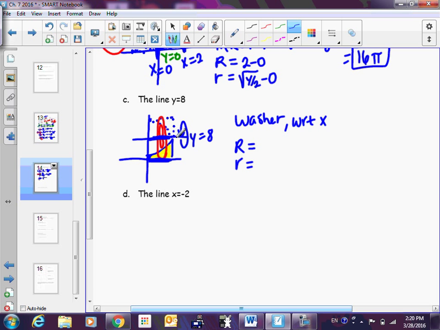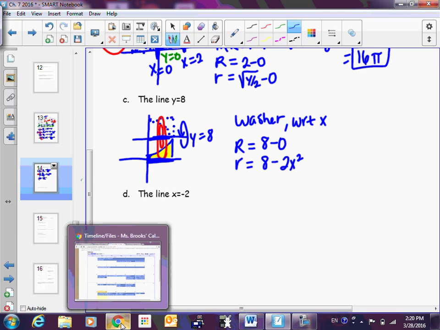See how the line of rotation this time is above? We're going to go 8 minus 0. If you wrote this as 0 minus 8, it would be okay because you're going to square it. And then little r should also have 8 minus. They should both have that because the line of rotation is 8. 8 minus what? Should I write it as 2x squared or square root of y over 2? 2x squared because of the whole with respect to x.